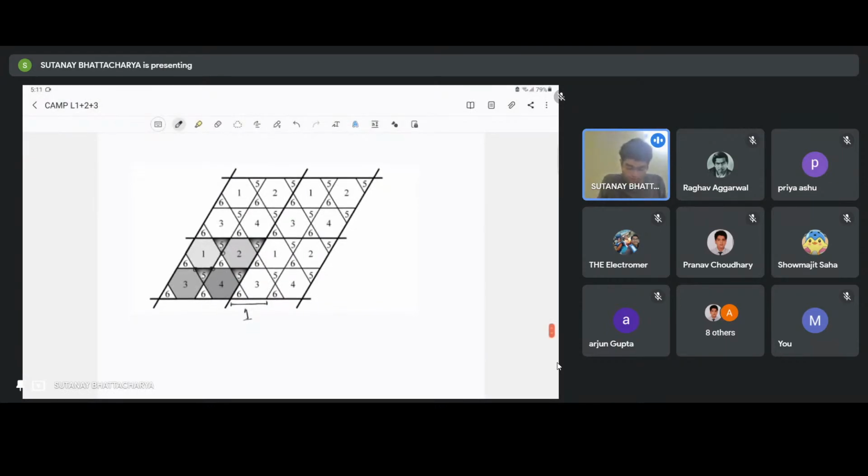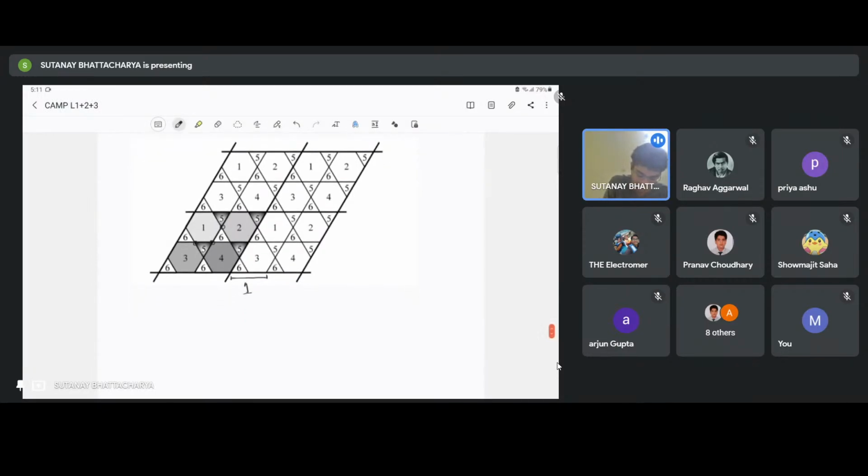But if this does satisfy the given condition, that means for every color there has to be a distance that it avoids. Can someone tell me what the distance is? For example, for color 1, what is the distance that it avoids? 2.